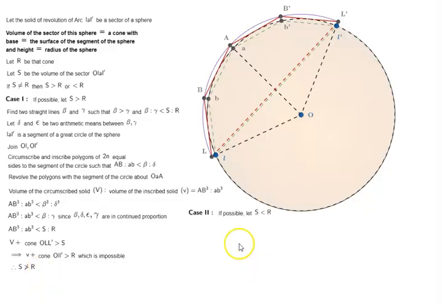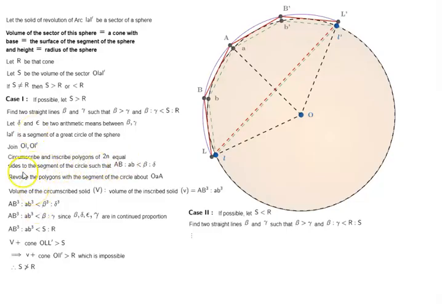Now, let's take the second case. If possible, let S be less than R. We saw S greater than R. So now we look at S is less than R. Again, find two straight lines beta and gamma such that beta is greater than gamma and beta is to gamma is less than R is to S. And we follow the same steps like we did here.